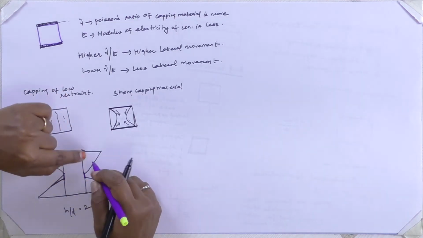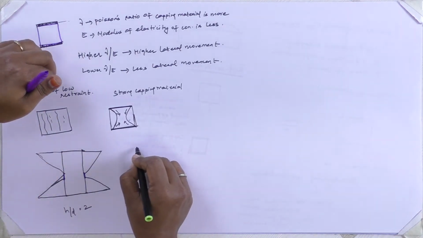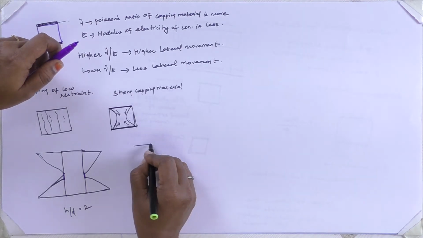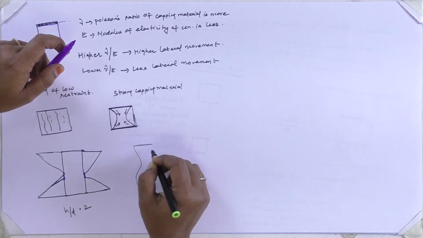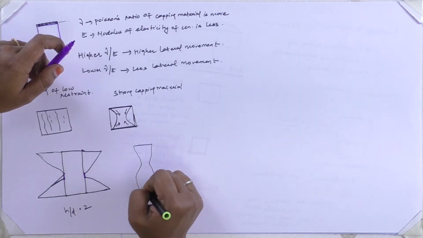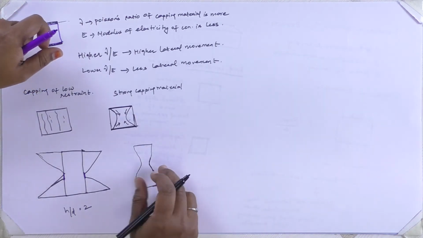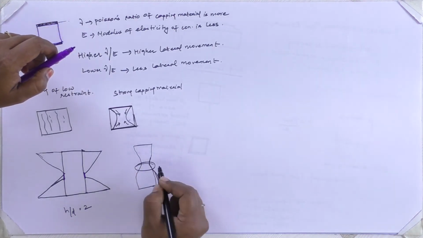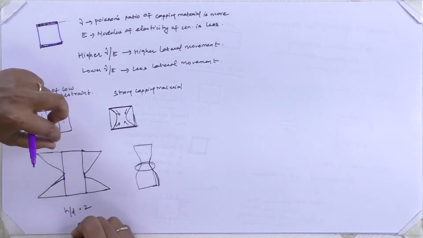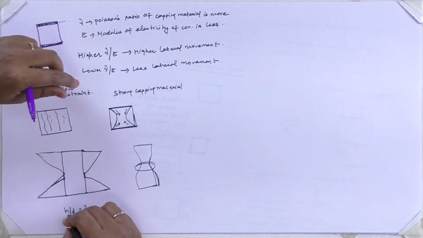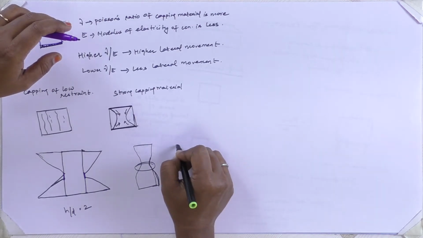Here some portion will be left over and the failure pattern will be in this manner. This portion will remain unaffected by the loading condition when we use a cylinder of h by d ratio equal to 2.